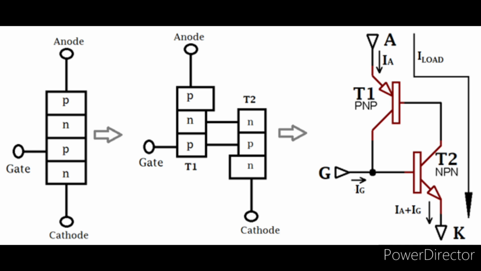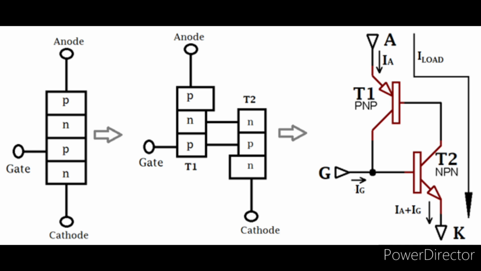Here you can look at the equivalent circuit for the schematic symbol of a thyristor. You can observe the base of transistor T1 is connected to the collector of transistor T2, and the base of transistor T2 is connected to the collector of transistor T1, which means both transistors are completely dependent on each other for conduction.